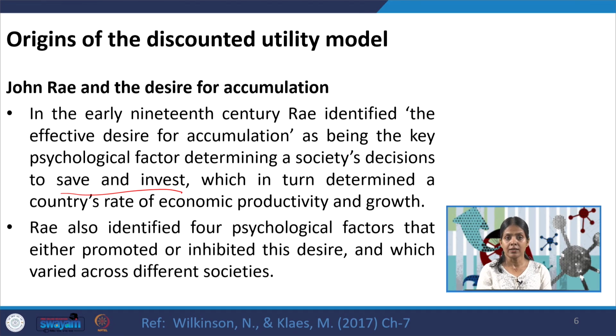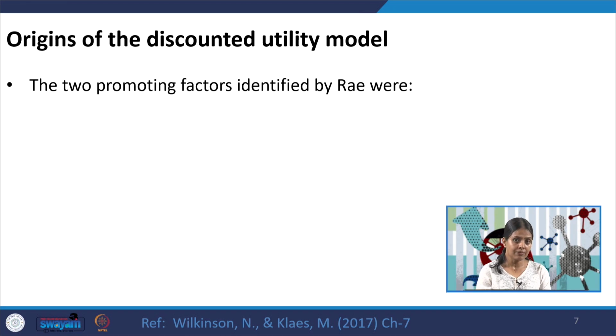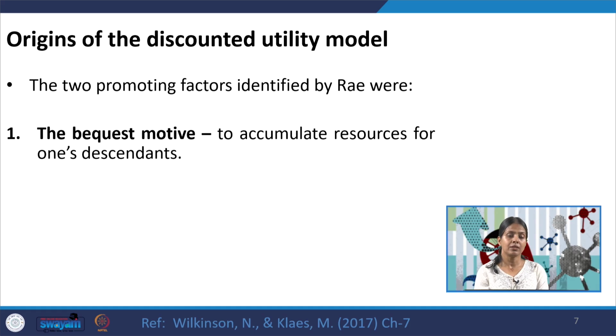Rae also identified 4 psychological factors that either promoted or inhibited this desire and which varied across different societies. The 2 promoting factors identified by Rae were, first of all, the bequest motive, to accumulate resources for one's descendants. We all are familiar with the concept of inheritance or bequest.